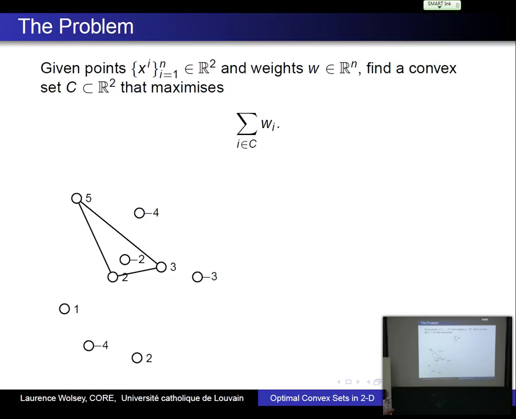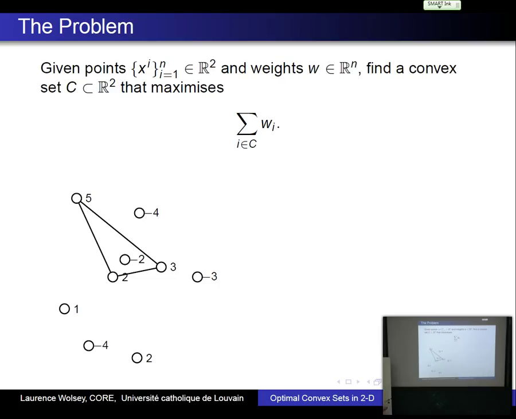So the problem is just: given a set of points in R2, and weights on the points, you'd like to find a convex set that maximizes the sum of the weights. The weights are positive or negative. This is just a small example, a set of points with a weight attached.